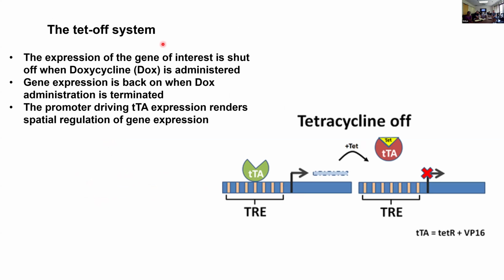So what is TET off? TET off, again, has two components. One, the gene you want to express is cloned after the TRE, the tetracycline responsive element. Then you have another mouse that expresses the tTA protein, driven by the promoter of your interest.